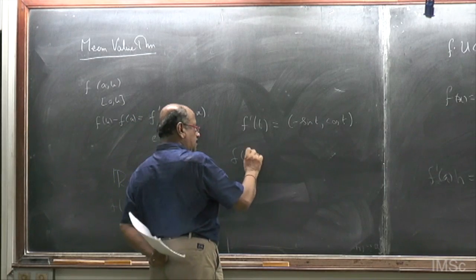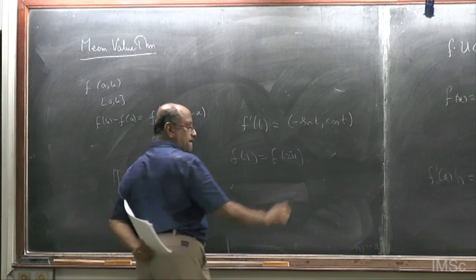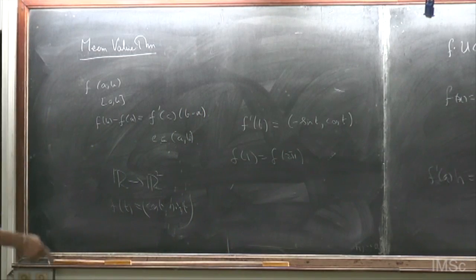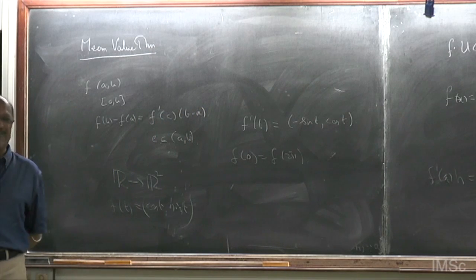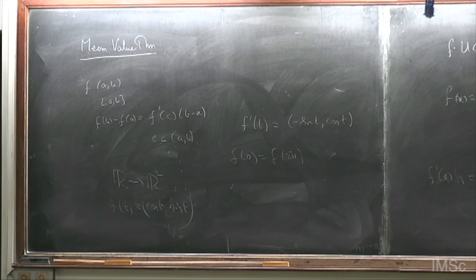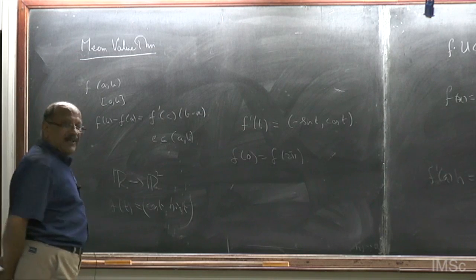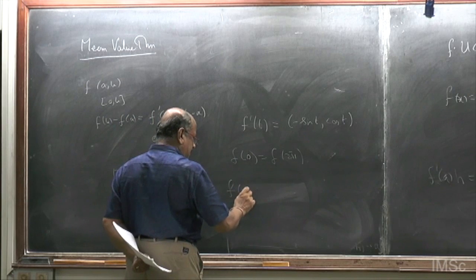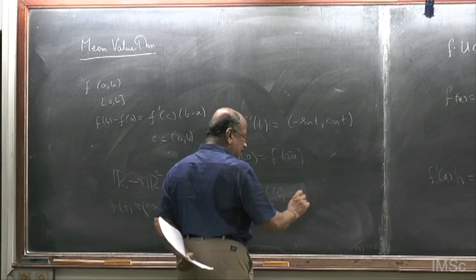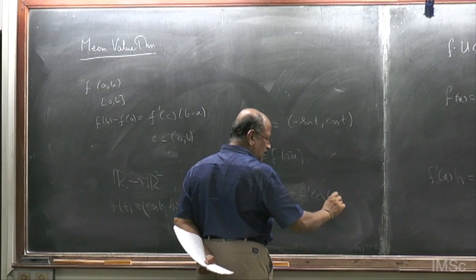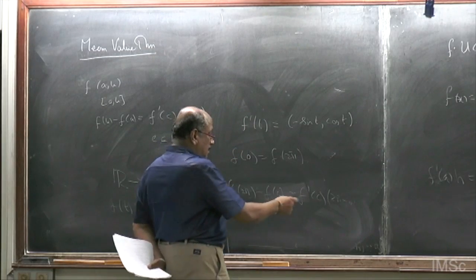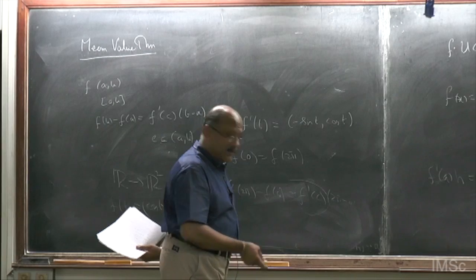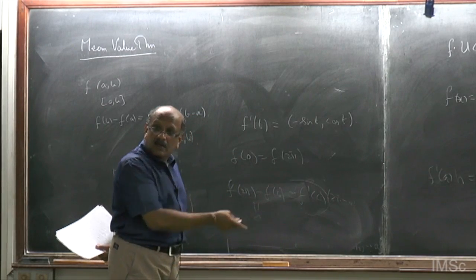Now, f of 0 equals f of 2 pi. So, according to this mean value theorem, I must get f of 2 pi minus f of 0 is some f dash c acting on 2 pi minus 0. But f of 2 pi minus f of 0 is 0, so f dash c has to be 0.